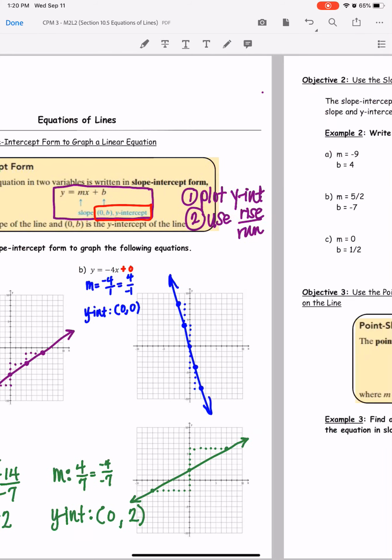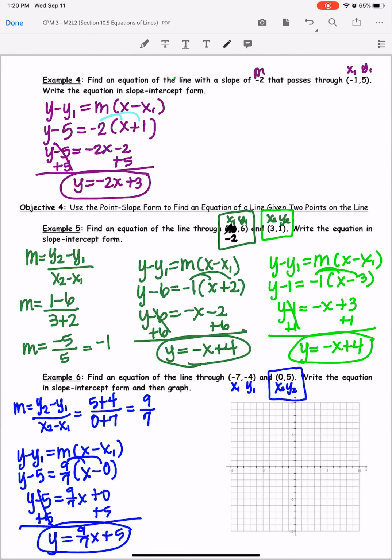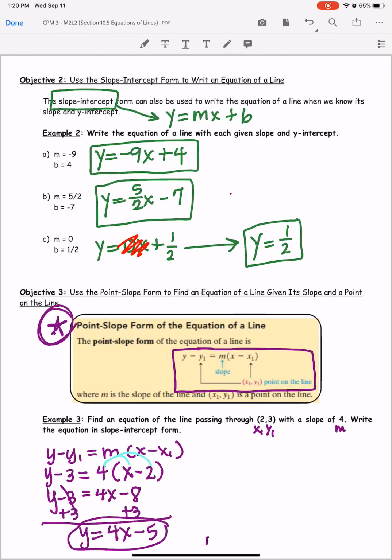So because I have 0, comma, a number, I really could have just used the slope and my y-intercept and plugged it in the same way that we did right here. Instead of them saying b equals 4, that would be the same as them saying 0, 4 instead of b is 4.